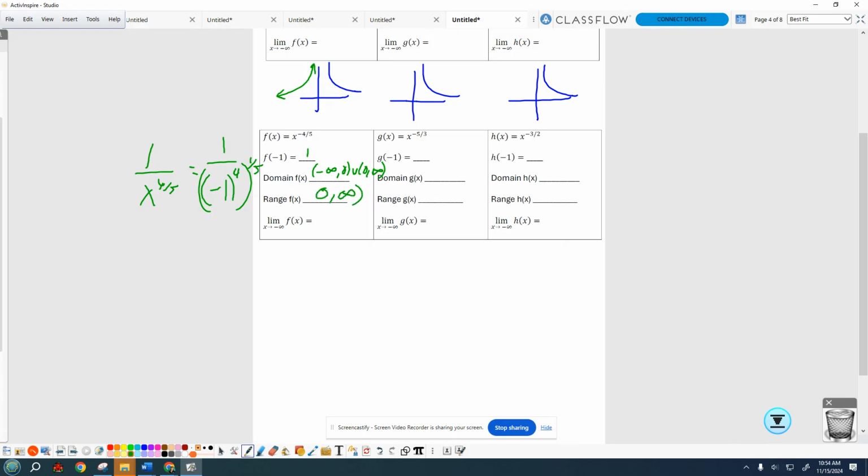Yeah. Round. Never gets to the 0. What's the left end behavior, Ciela? As x goes to super negative infinity, where does the y value go? 0.